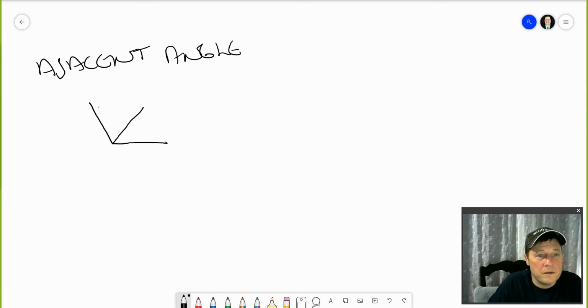We'll call this one angle 1, and we'll call this one angle 2. I'm not going to waste a lot of time on making sure my art is perfect here. You'll get the idea. All right, so we're going to label the points. Remember we talked about points last week.